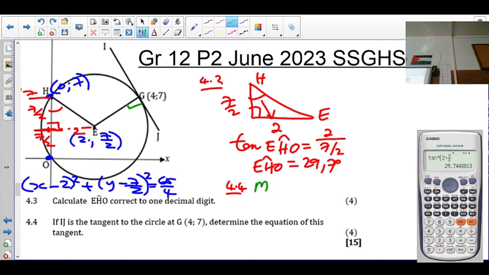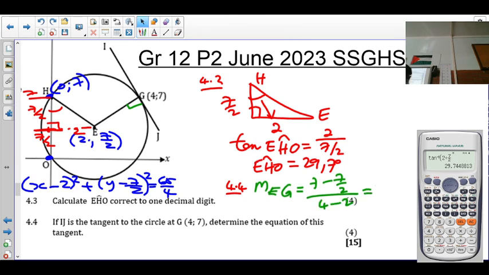So work out the gradient of EG. The gradient of EG is change in y over change in x. So it's 7 minus 7 over 2 divided by 4 minus 2. That gives us an answer of 7 over 4. Is that correct?